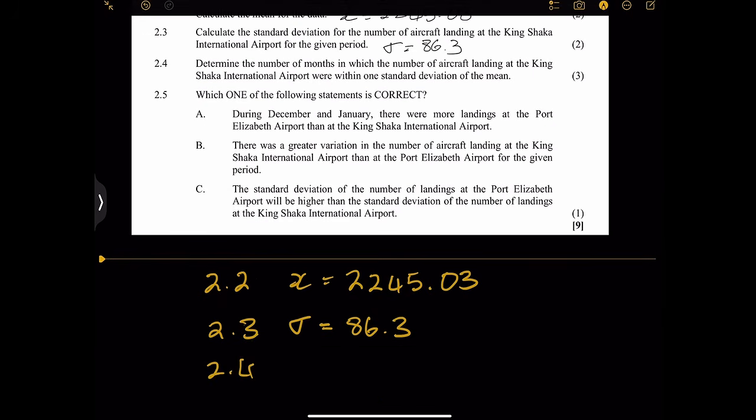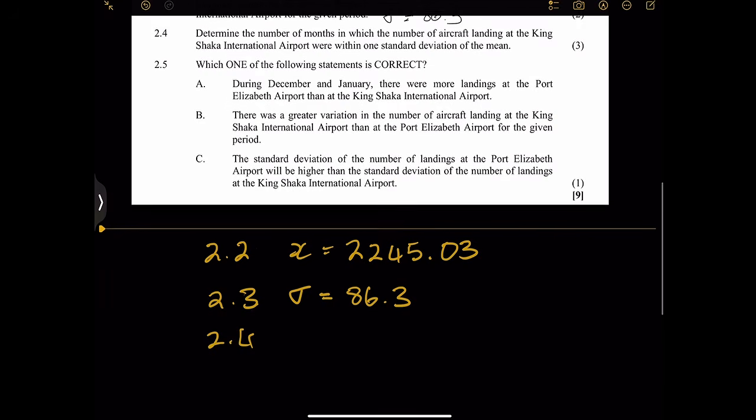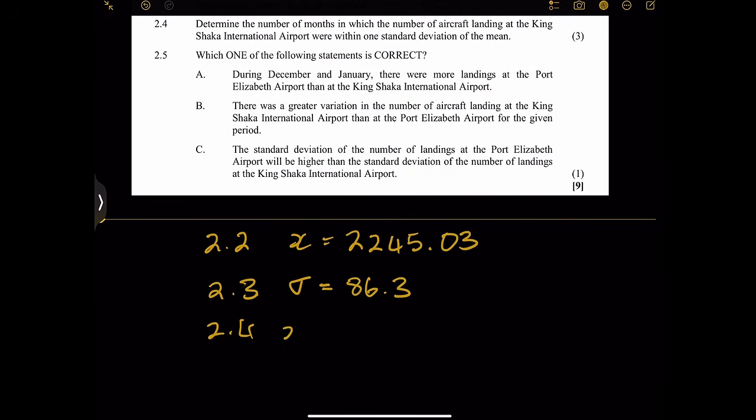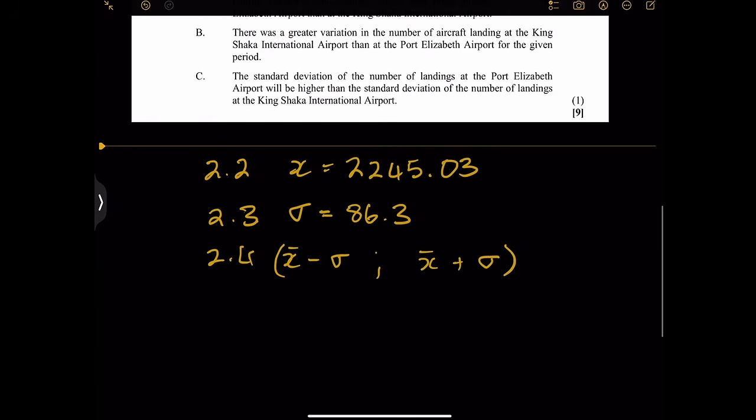What they ask me is to find out the numbers that are within one standard deviation. So we're going to say the mean minus the standard deviation, and the mean plus the standard deviation.